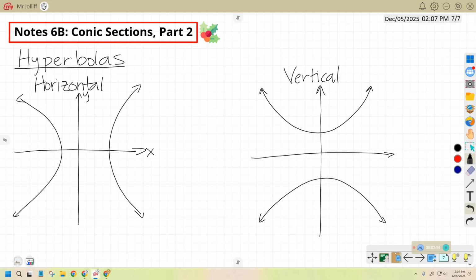I am going to color code this because we are about to label several moving pieces, so you will want the markers at your table. I will start with familiar pieces. These guys should have a vertex, just like parabolas have a vertex. Because hyperbolas always come in a pair of curves, they will have a pair of vertices.